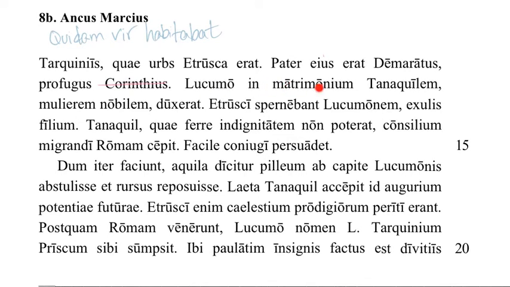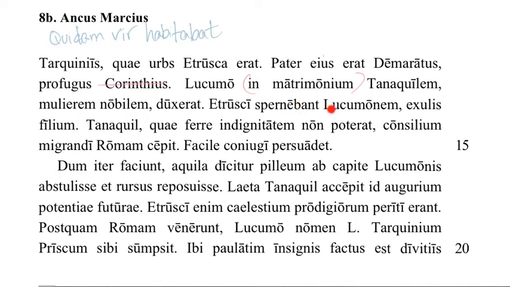Lucumo in matrimonium tanaquilem mulierem nobilem duxerat. Okay, Lucumo, of course, is our subject. Prepositional phrase into marriage. Tanaquil, that is a woman's name. Here's a phrase that describes the woman. Mulierem nobilem, and then, of course, here's the verb. So it's Lucumo duxerat tanaquilem in matrimonium.